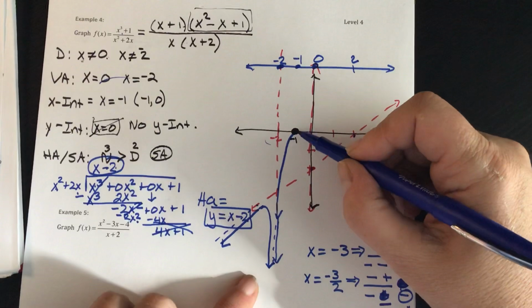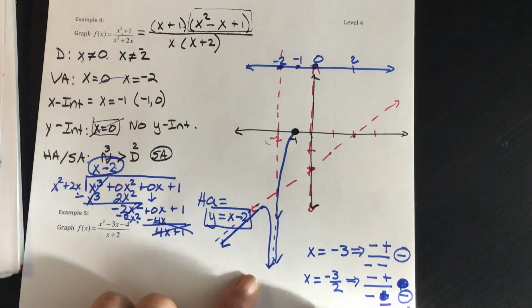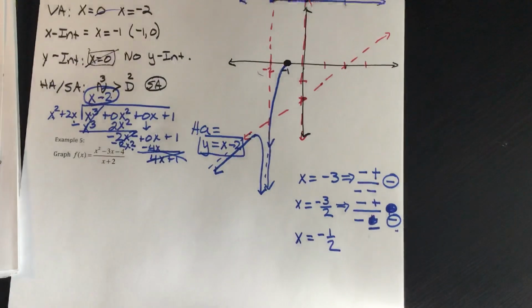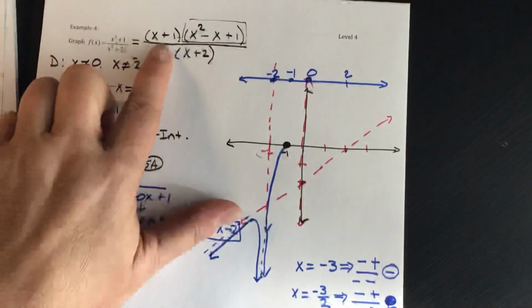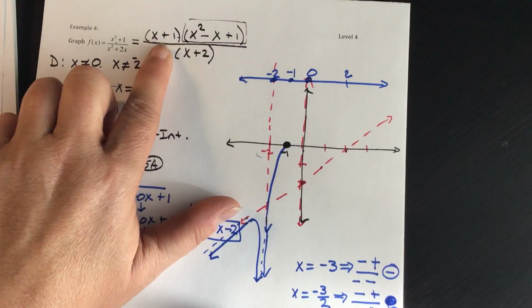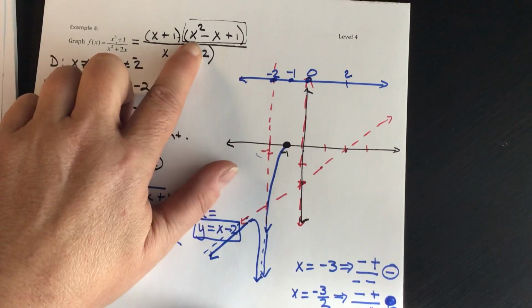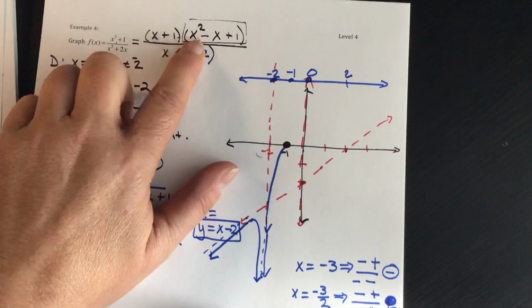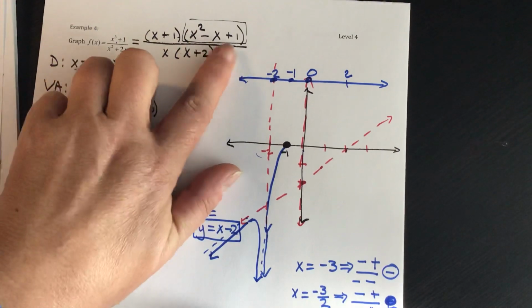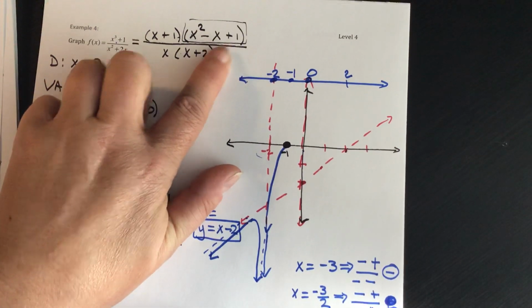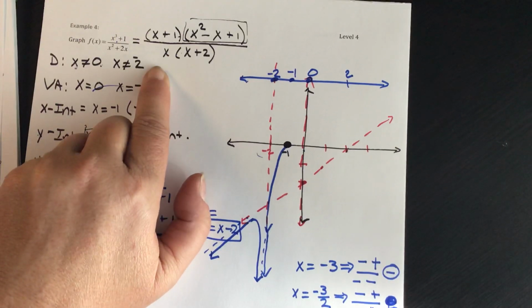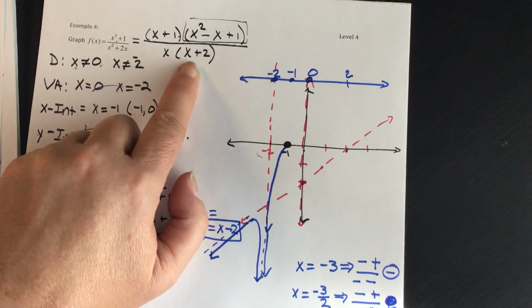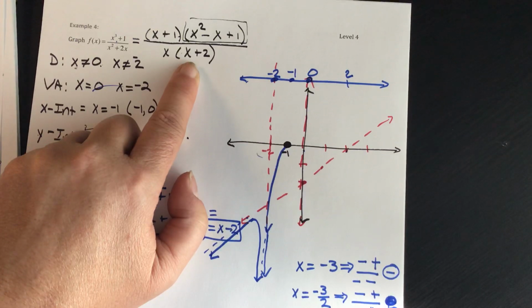Now, between -1 and 0, I have an x value of -1/2. So now if I plug in -1/2 plus 1, that gives me a positive number. -1/2 squared is 1/4 minus a -1/2, that'd be 3/4 plus 1, that's a positive number. -1/2, that's negative on the bottom. And -1/2 plus 2 is positive.